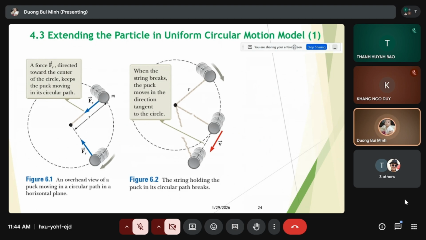We need to calculate FR and the instantaneous velocity. Because we have circular motion, we say instantaneous velocity, or we say speed. We don't care about initial or final velocity. We just calculate the speed of circular motion.